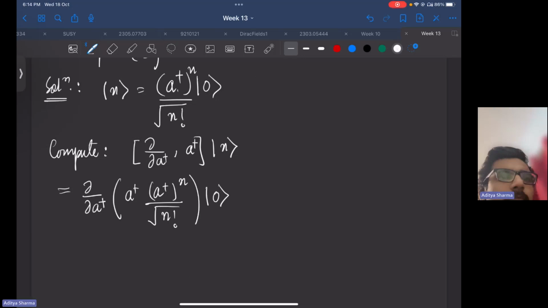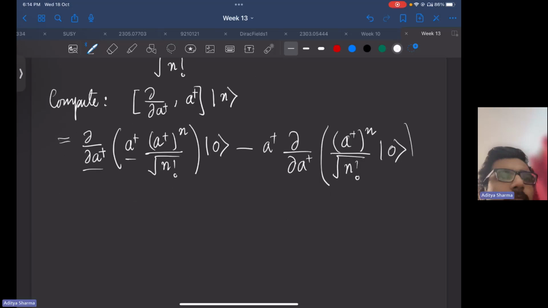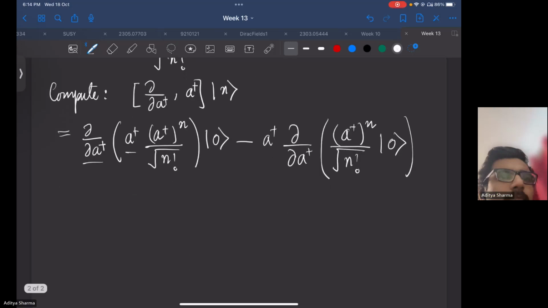So this is the first part, d/dA dagger A minus A dagger d/dA dagger.